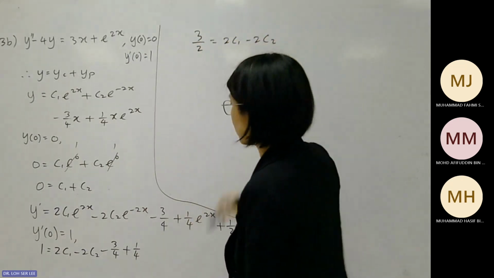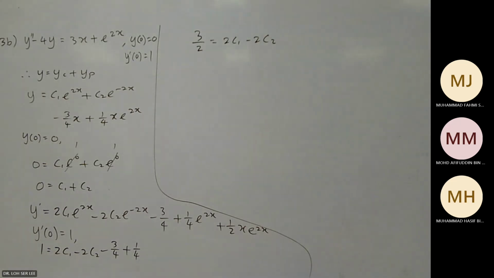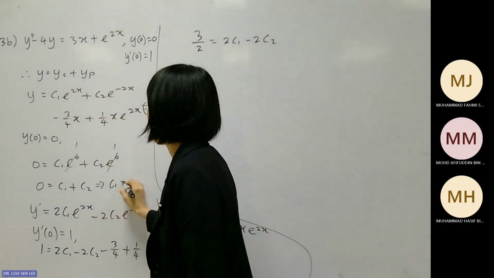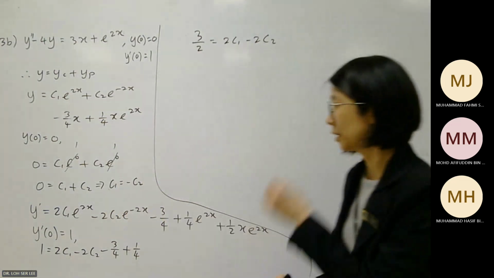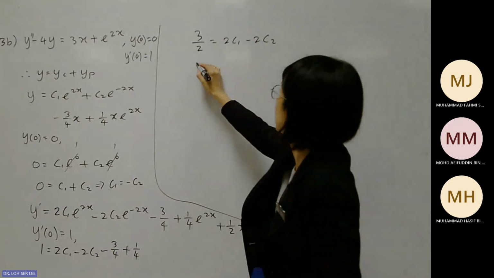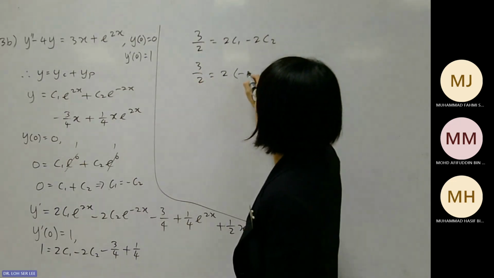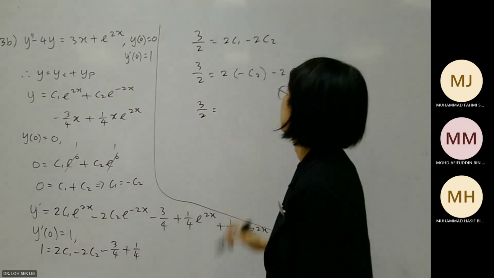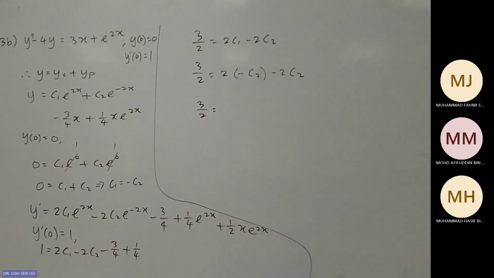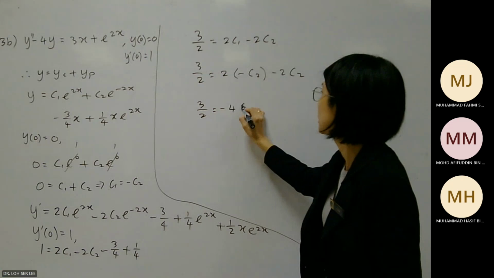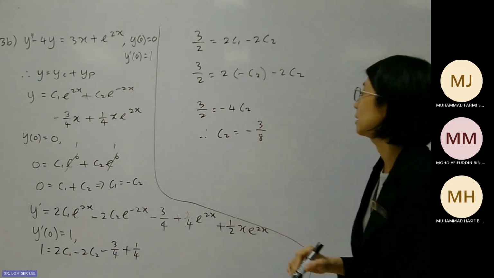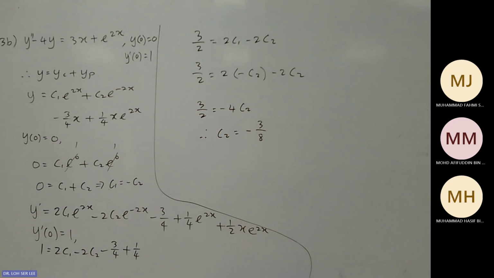So 2c1 minus 2c2 is 3 over 2. Then from the first equation, we can write c1 as negative c2. Here, c1 is negative c2, so negative 2 minus 2, negative 4, and c2 is negative 3 over 8.